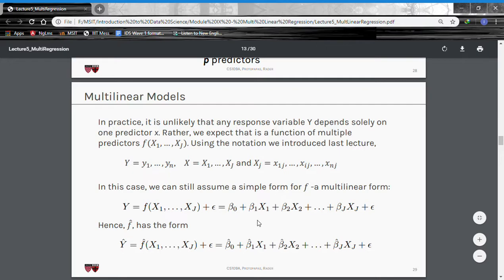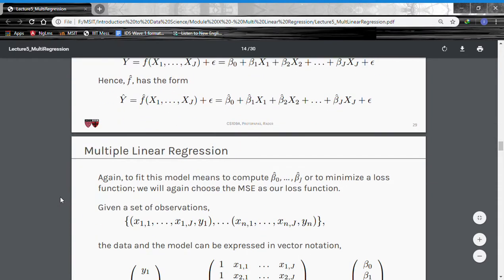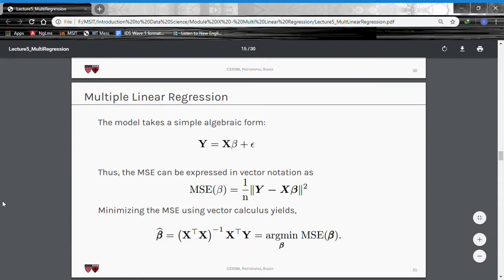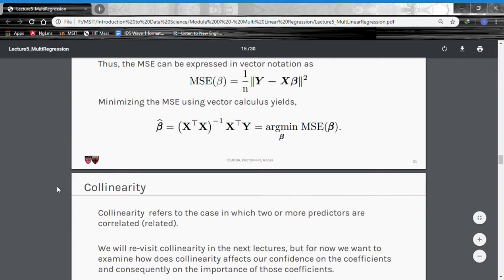As we have many predictors, the equation changes to beta 0 plus beta 1 x1, beta 2 x2, and so on up to epsilon. And even the mean square error equation also changes, and it is done by this equation.